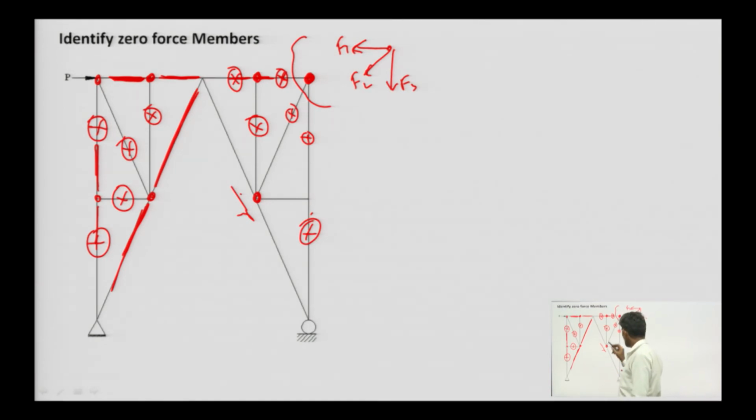So, this is a 0 force member, this is a 0 force member. This one and this one member are collinear, and that is why that member is also a 0 force member. So, what is remaining is this one only.